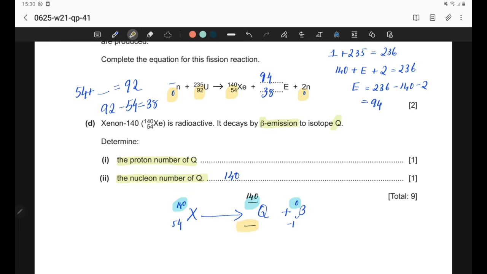Again the total proton number at the LHS and at the RHS must be the same. At the LHS it is 54. In order to get 54 at the RHS, for Q it must be 55. Then only 55 plus -1 gives 54. Therefore the proton number of Q must be 55.